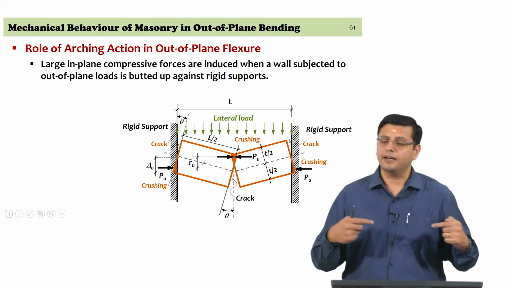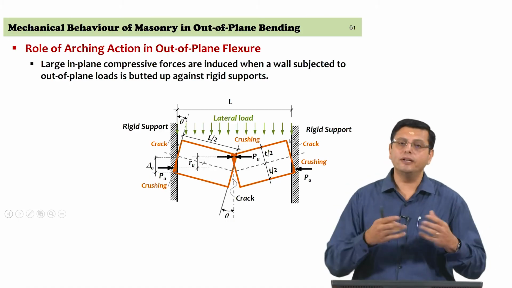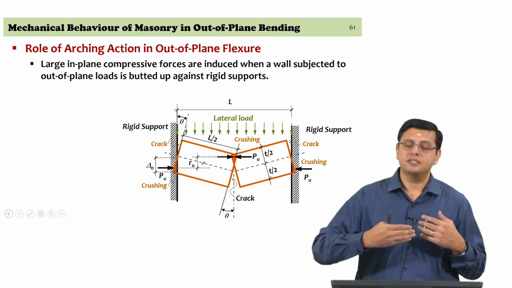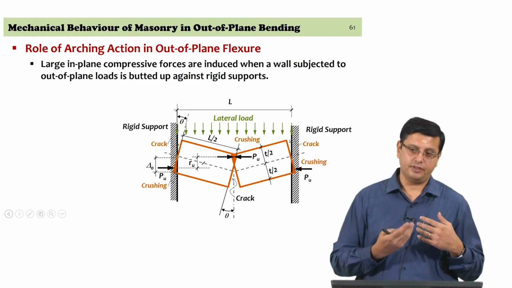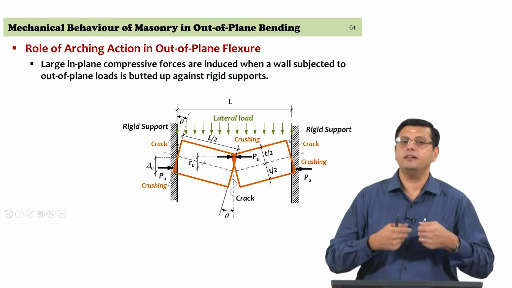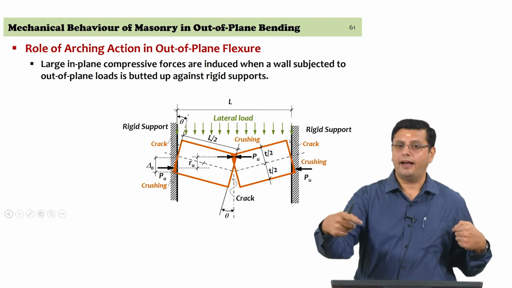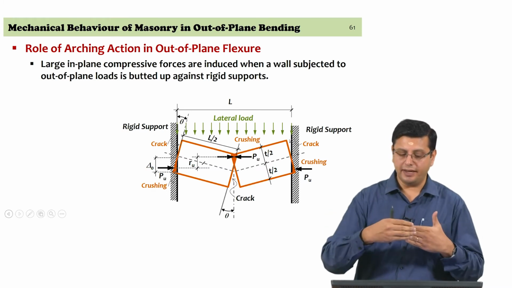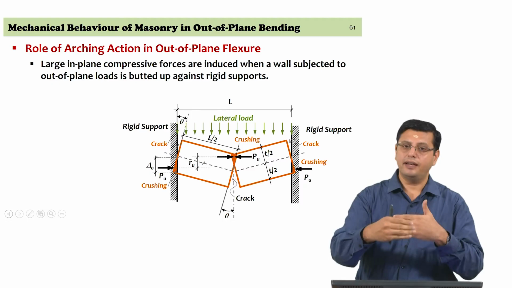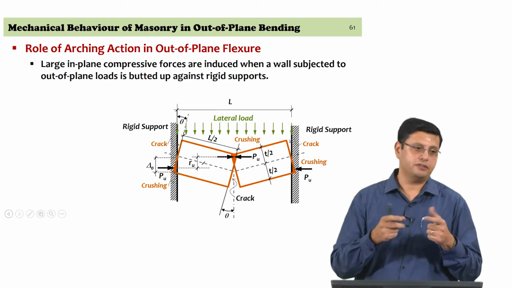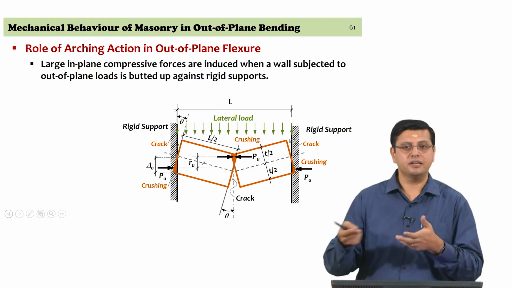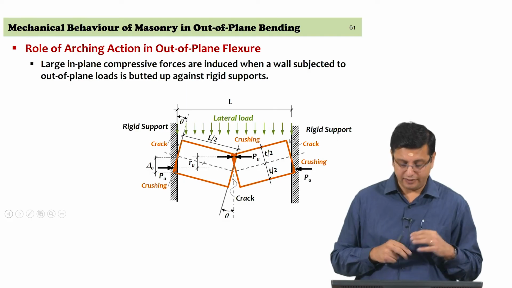Now, these clamping forces, depending on how much the wall is deflecting, start increasing, right. They increase and reach a stage where you can even get crushing of the masonry at those hinge locations, and you can get a certain finite length of the wall which starts plastifying or crushing in the cross section itself.